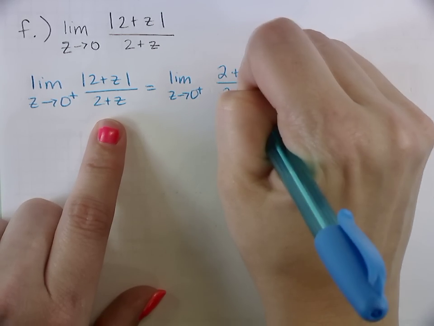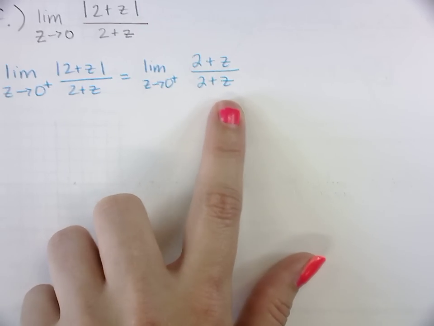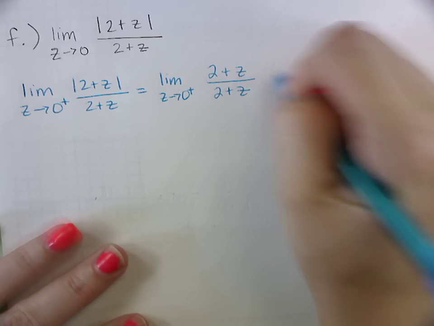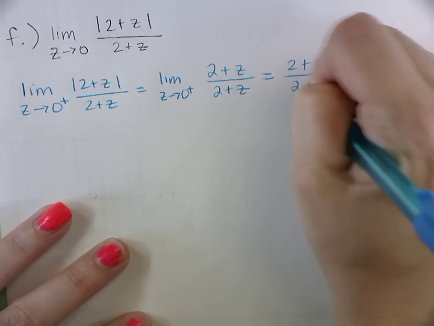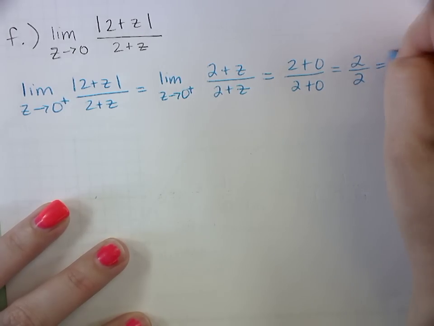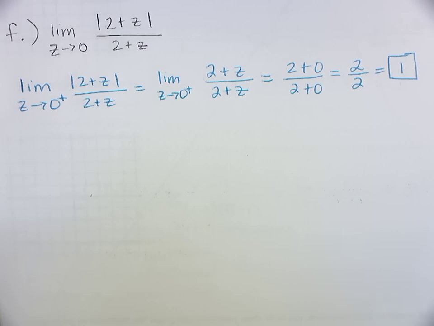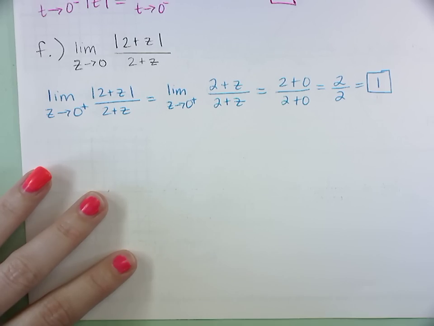Now, can I substitute in 0 for these? Yes, so I'll have 2 plus 0 over 2 plus 0, which will be 2 over 2, which will be 1. So as you're looking at this limit, as it approaches 0 from the right side, you're going towards 1.